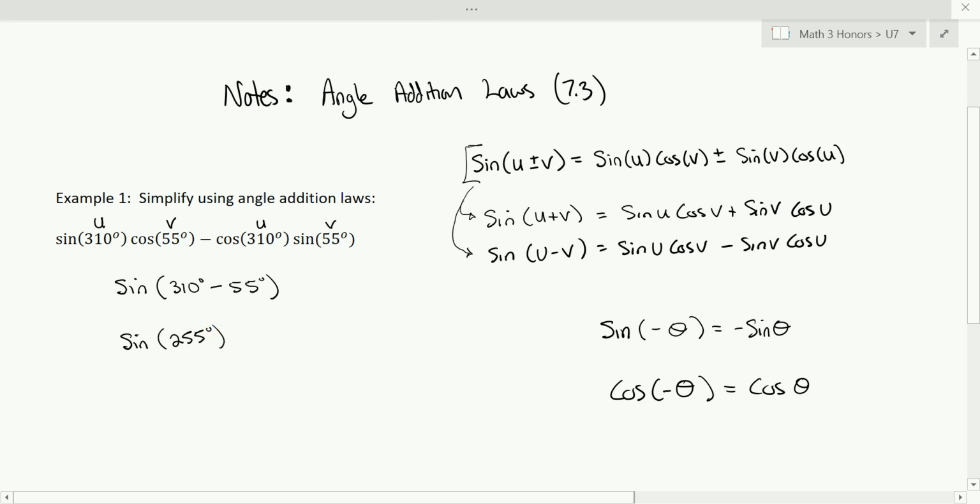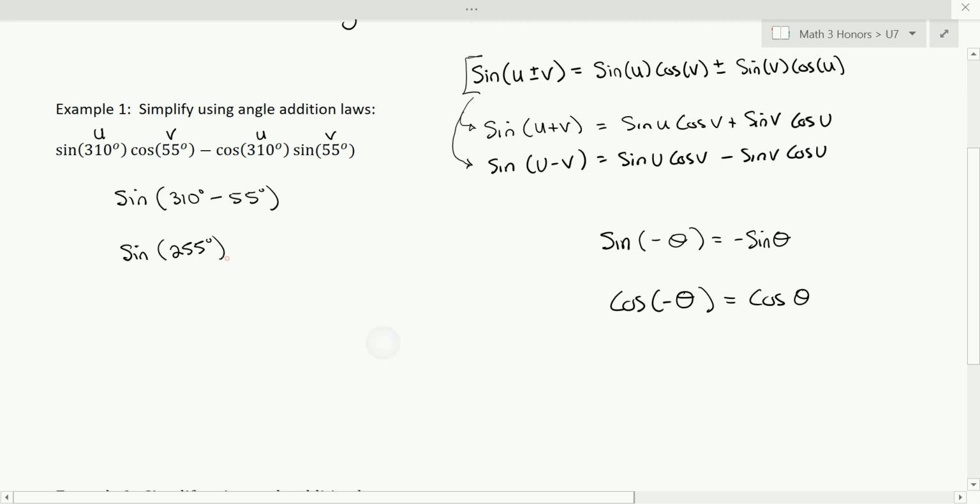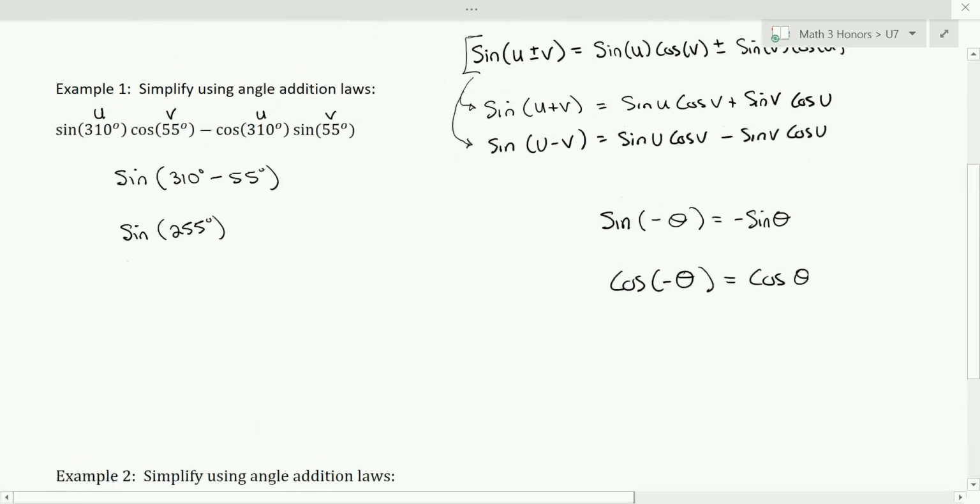All right. And is that what I want it to be? Let's see here. I think so. I made this, and I'm hoping this will work out. So we know how to find the sine of certain angles and cosine of certain angles already, and this is going to take us back to the unit circle.